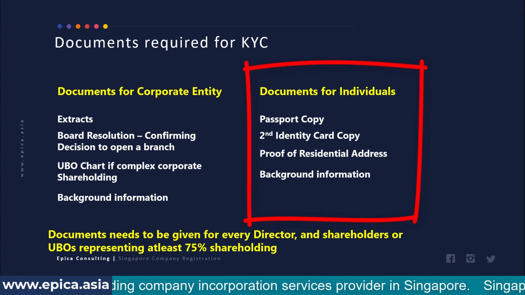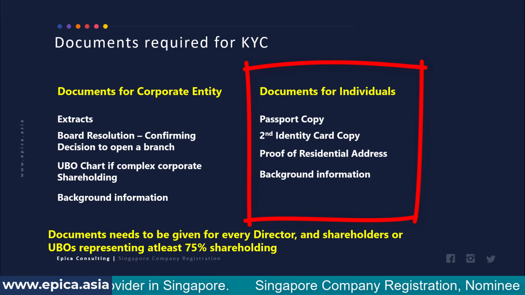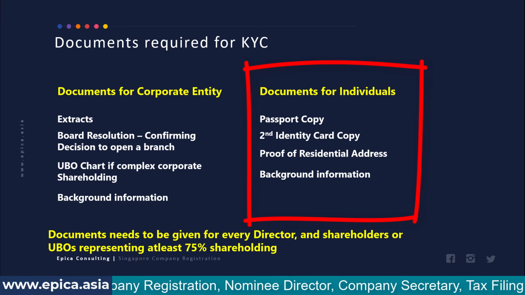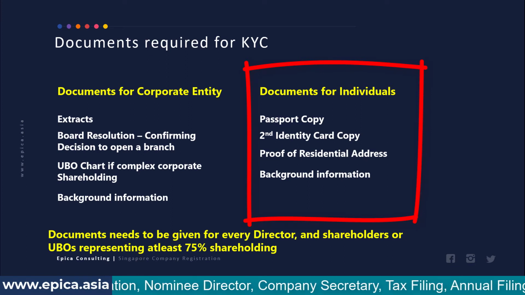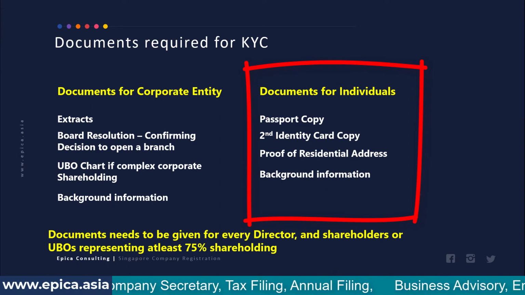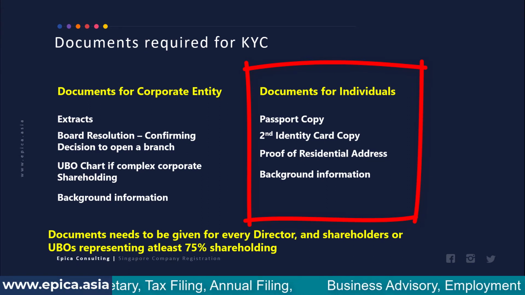We need their passport copy. We need their second identity card copy, which can be their driving license, national identity card, Aadhaar card, or Malaysia identity card depending upon the country, and the latest proof of their residential address. And of course other information like their contact details, what they do, and their main occupation.